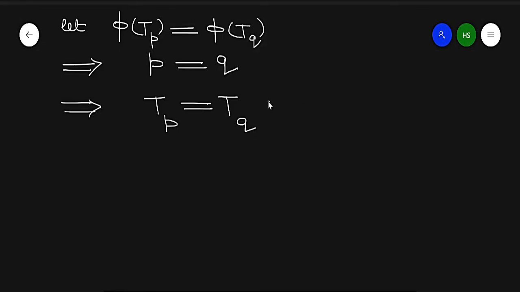So this means this phi mapping is one-one.